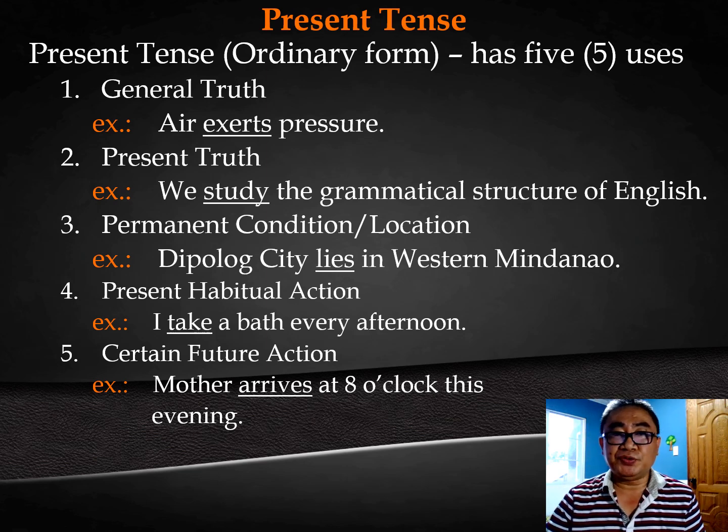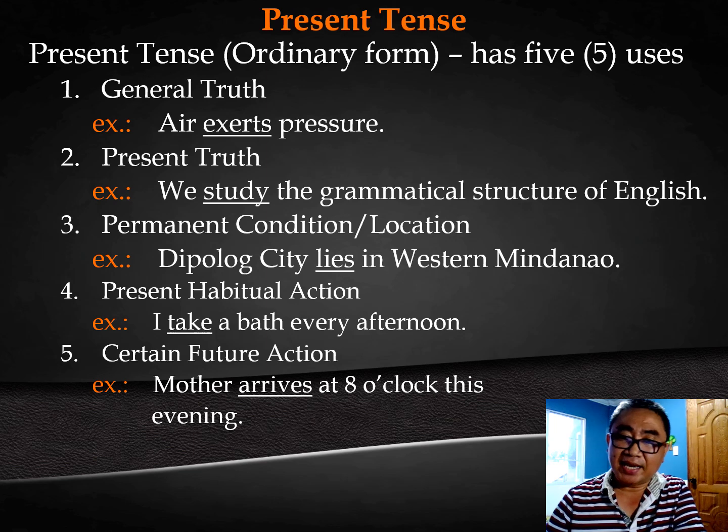So, present truth, if it is true as of the moment of speaking or writing, like we study the grammatical structure of English. It is true as of the moment of speaking that we study right now the grammatical structure of English. Then we have permanent condition or location, for example, Dipolog City lies in Western Mindanao.